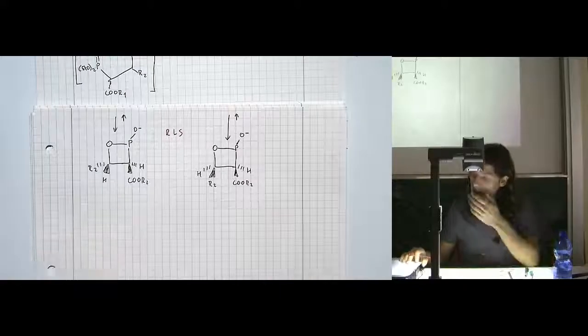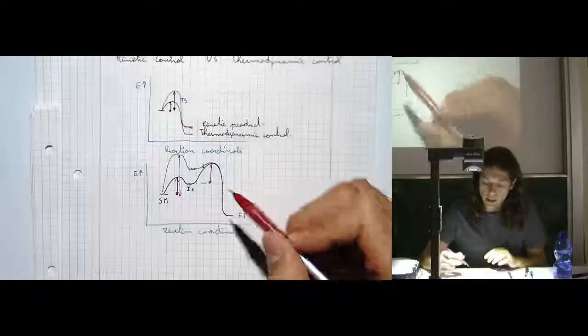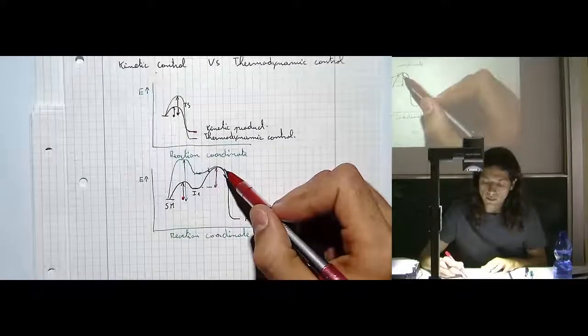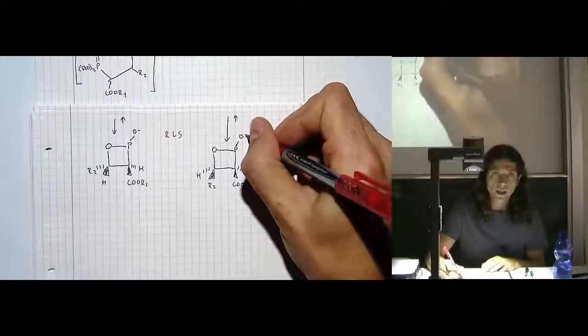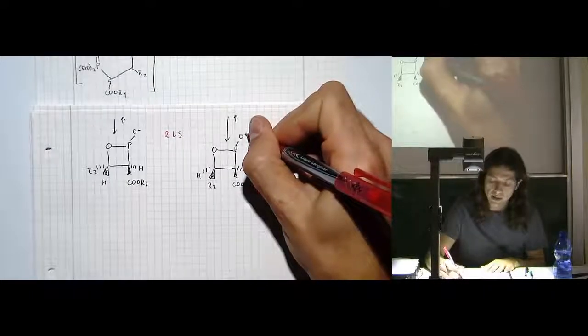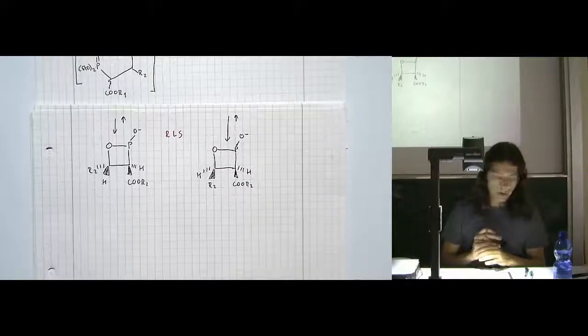So it's like the situation with the black line here, in which of course the intermediate is higher in energy. Why is it higher in energy? Because now this intermediate here has a charge, and of course charged species possess a higher energy.